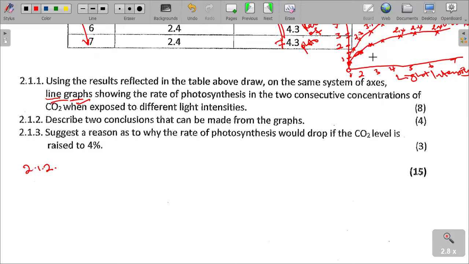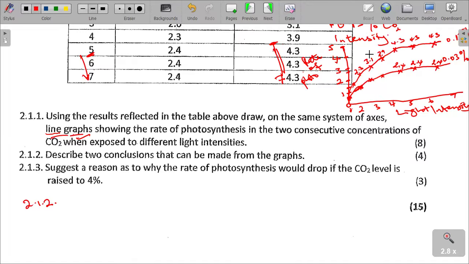I'm sure that you can see on my graph there, this is the graph that we are talking about.